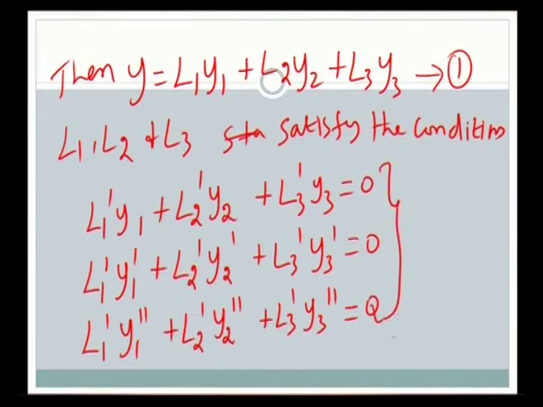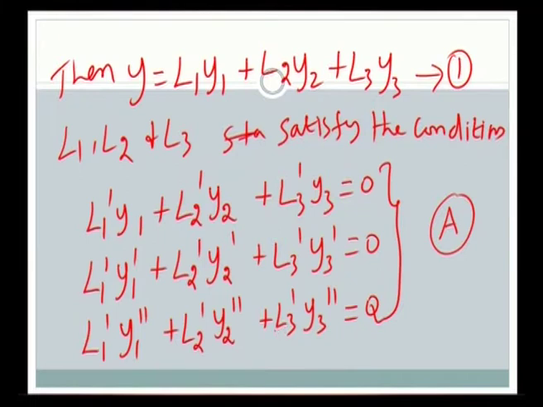These are the three conditions to be satisfied by the assumed parameters L1, L2, L3. Let us keep these as a set of equations A. So, this is a particular solution of the differential equation.